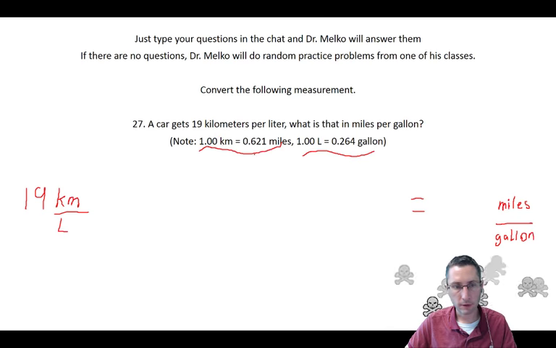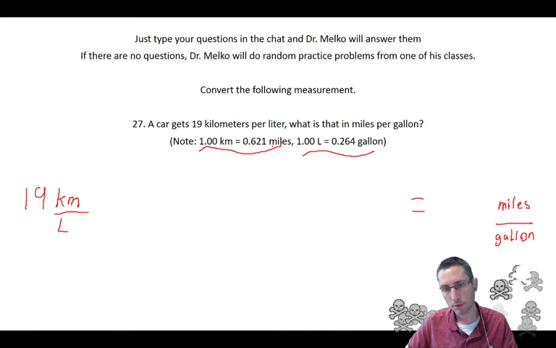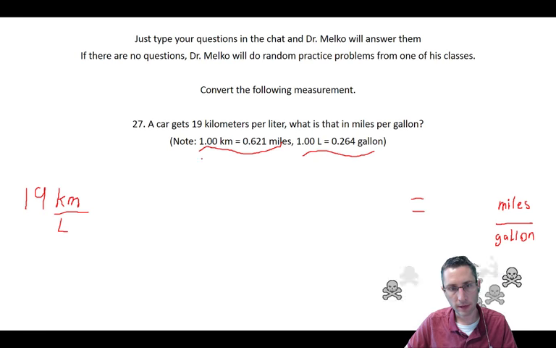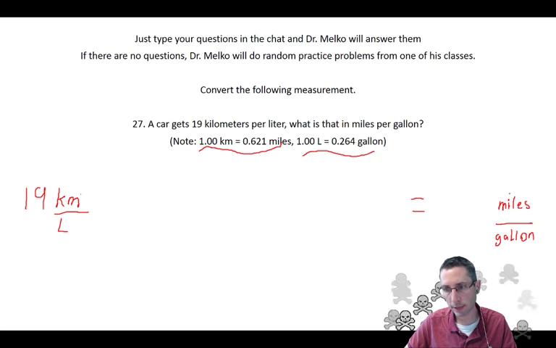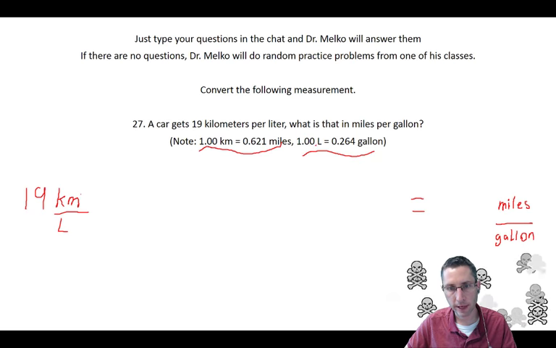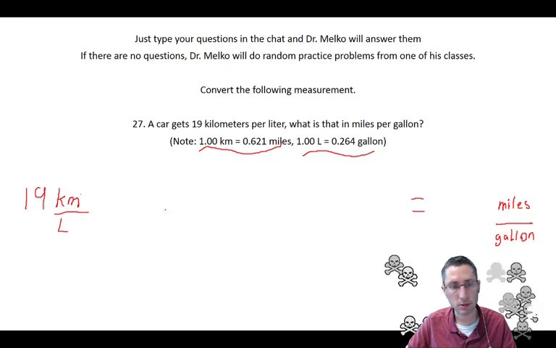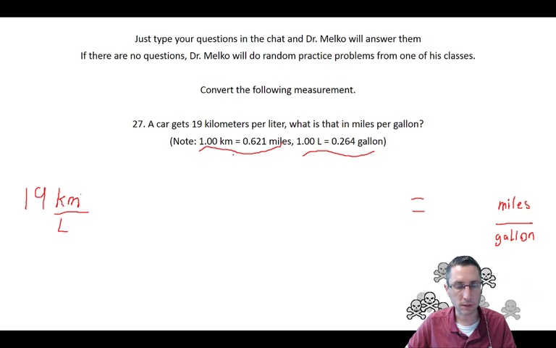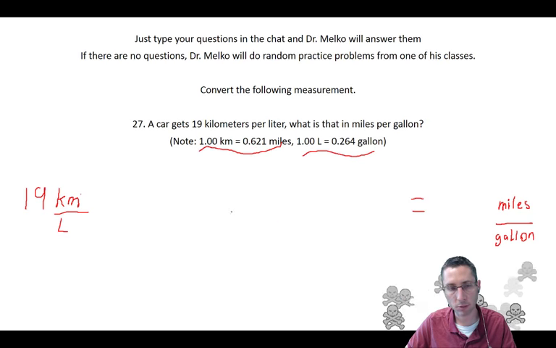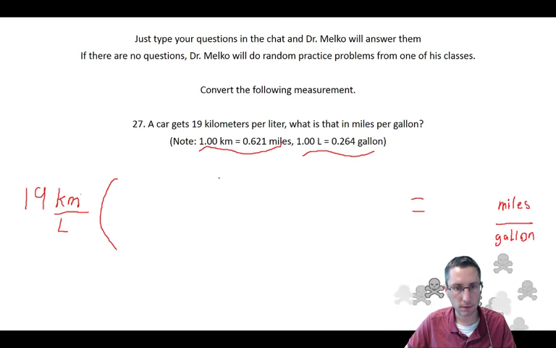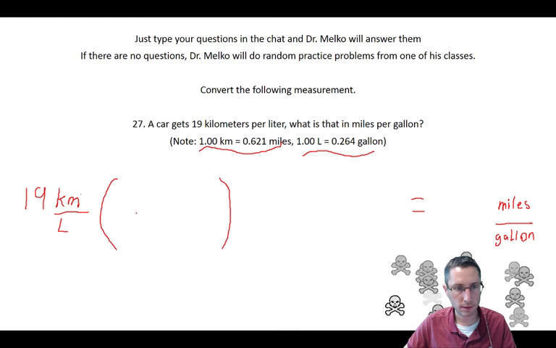Okay, I have two unit factors. I'm going to stop and think: is that all the information I need? The first unit factor is going to get me from kilometers all the way to miles, so that's good. The other factor is going to get me from liters to gallons, so these should be the only two unit factors I need. Now it's a matter of how to use them. Each unit factor gets its own set of parentheses.